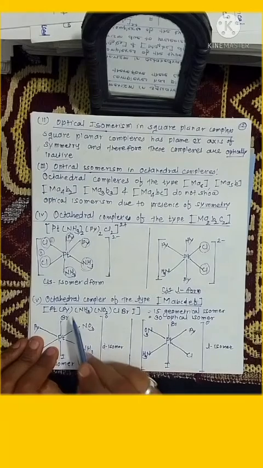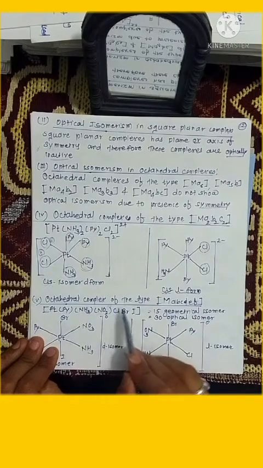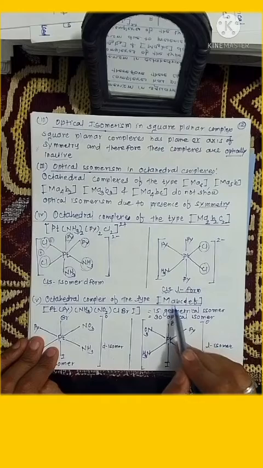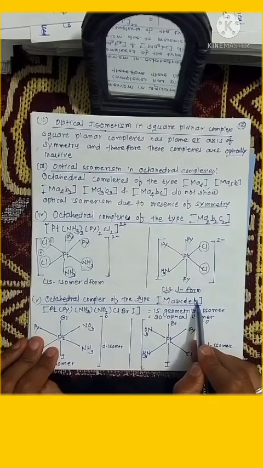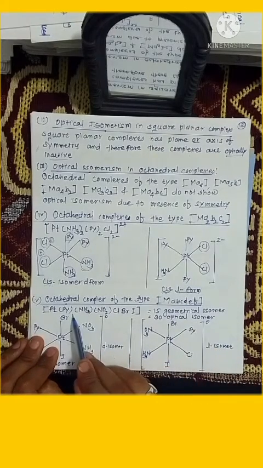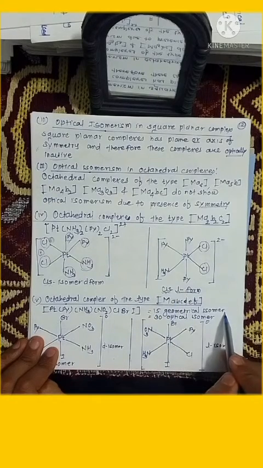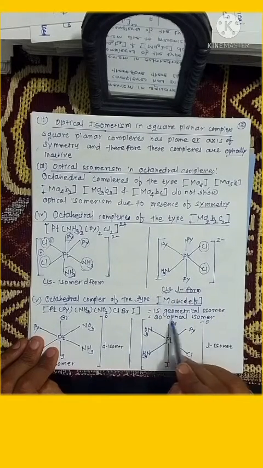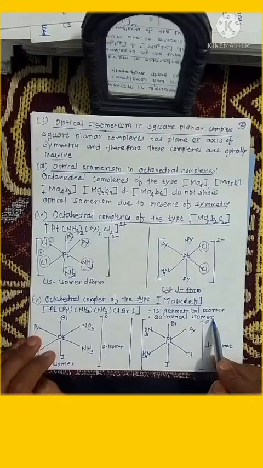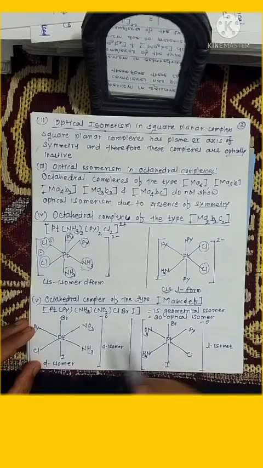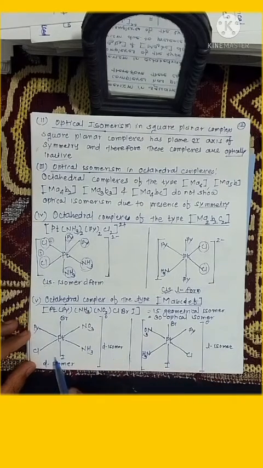So now we are going to see octahedral complexes of MABCDE type. This is the complex of this type. It has 15 geometrical isomers and 30 optical isomers. So we are going to see one pair of optical isomers of this type. Just see, all ligands are different.